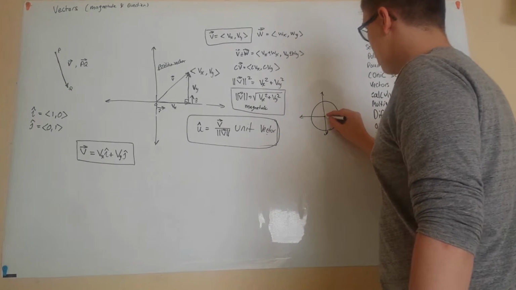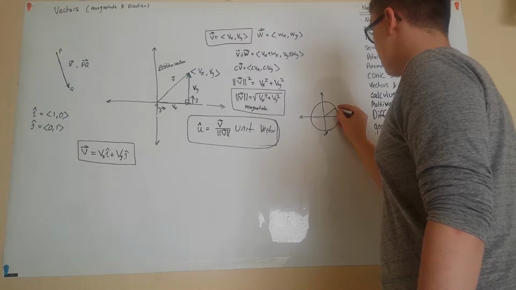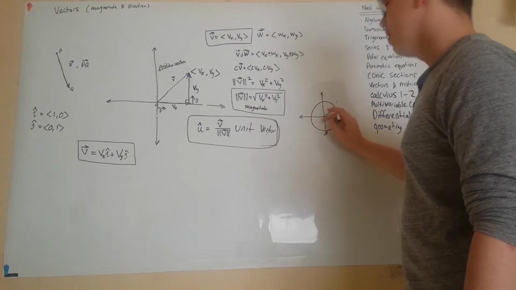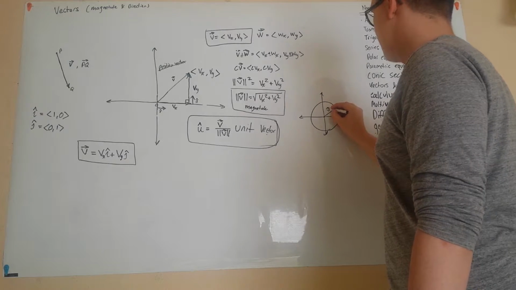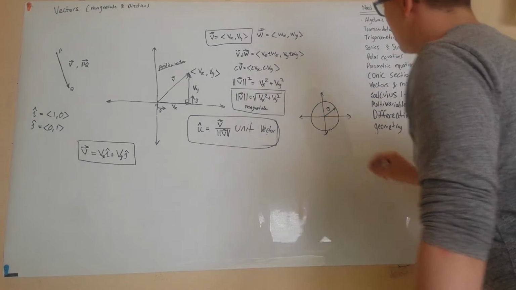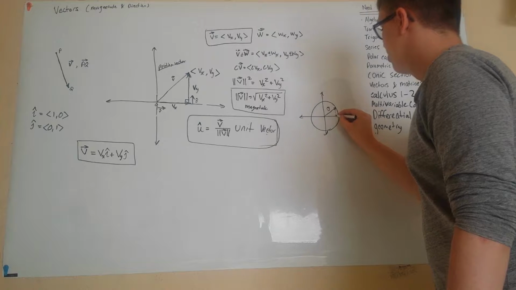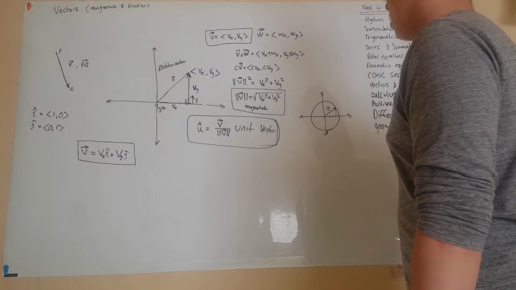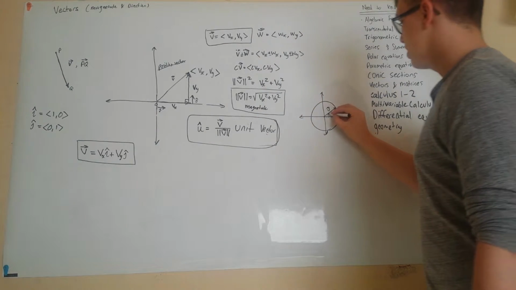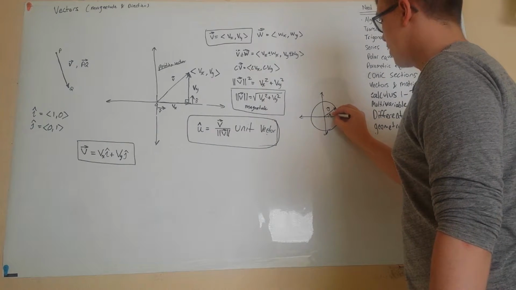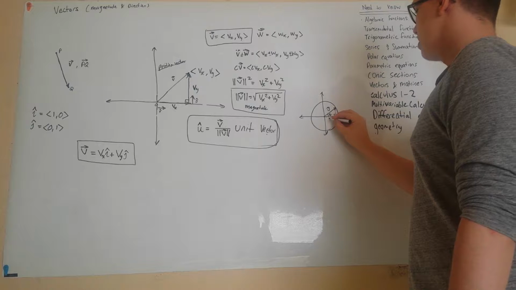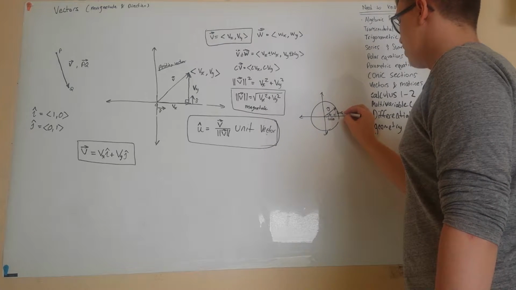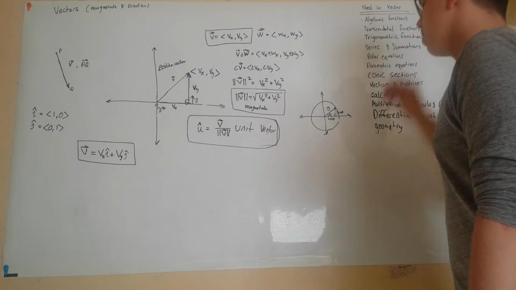Well, what if we took our vector, and this is a unit vector because it's length 1. So if we took v and we saw its components, hey, isn't this a right triangle with angle theta? Isn't this length right here cosine theta? And the vertical length is sine theta.